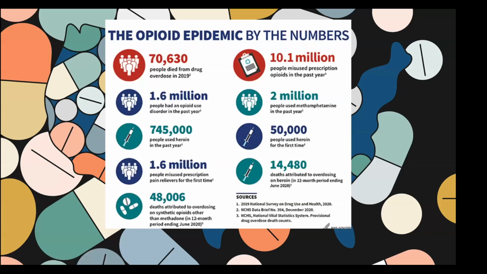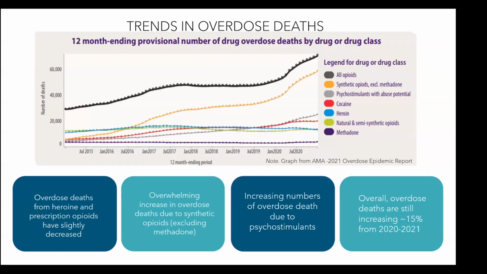This graphic from the Department of Health and Human Services reveals statistics on just how devastating the opioid epidemic has been for our nation. This is based on data from the 2019 survey, and since then, many of these numbers have worsened. Here, I'd like to draw your attention to this graph, which is from the AMA 2021 Overdose Epidemic Report.